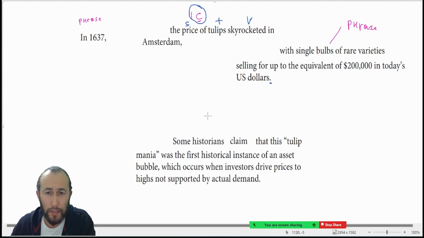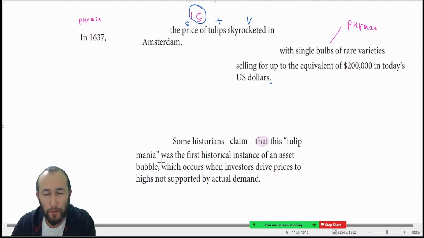So the first one is "that," so I'm going to highlight that. That is a connector, a dependent clause connector. That means we have a dependent clause starting here. And then there is another one, which is "which," as in "which occurs."